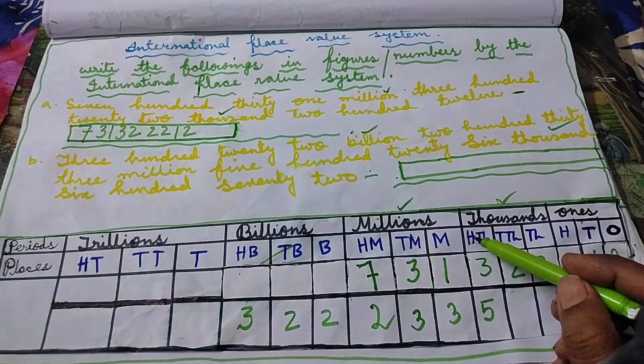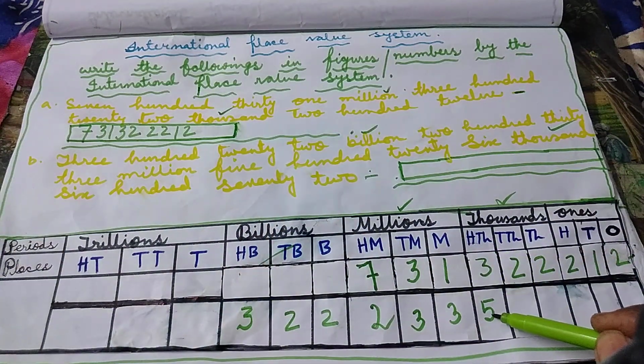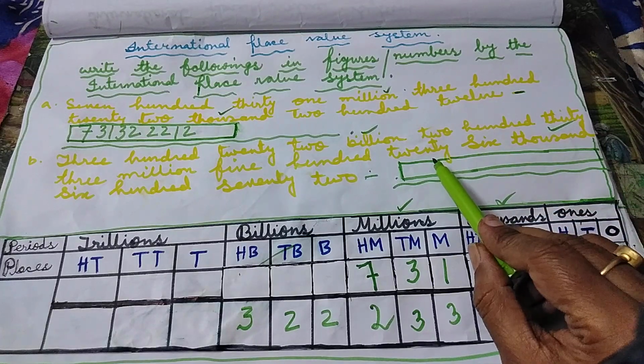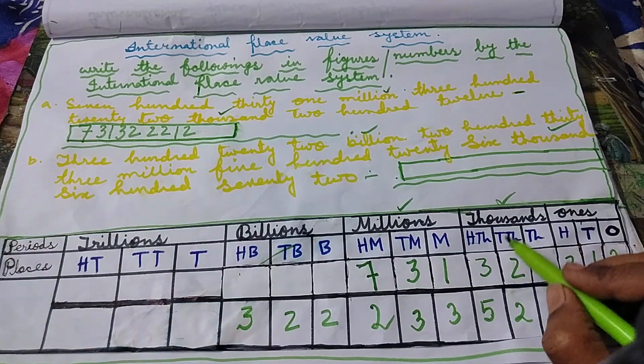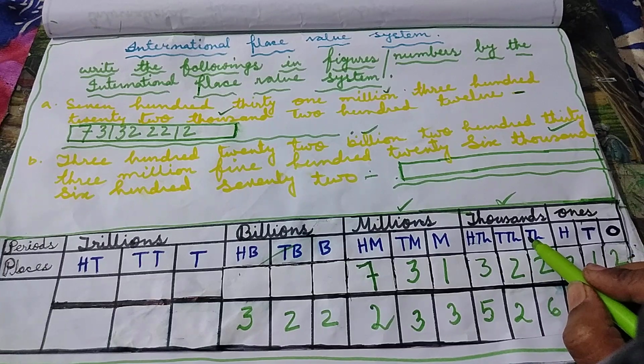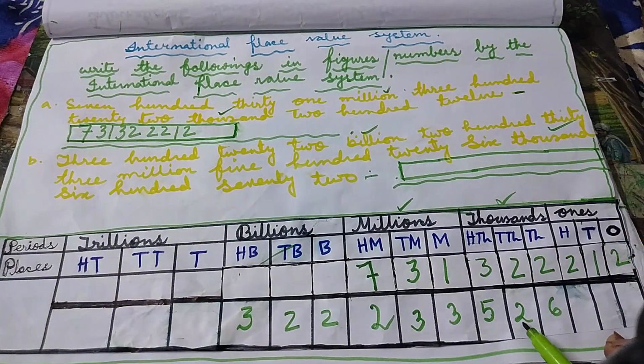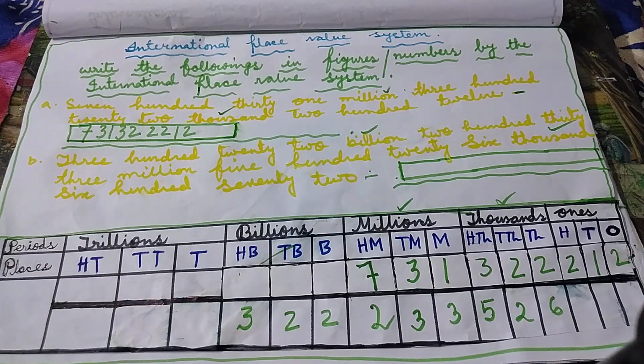So, in the hundreds place, we will write 5. Then 26. Tens and ones together make 26. Okay, complete. Go to the third part.